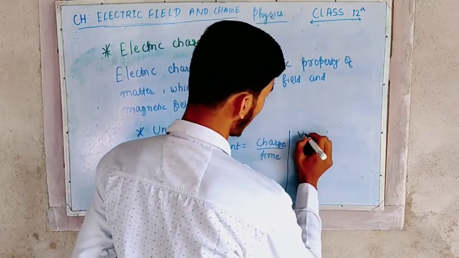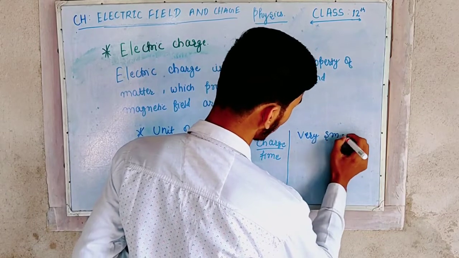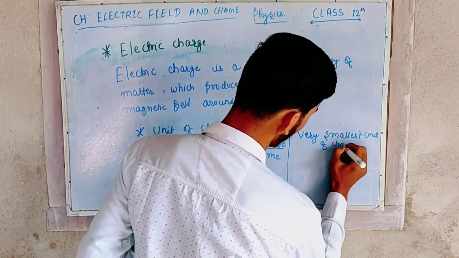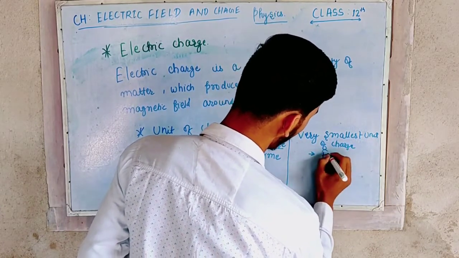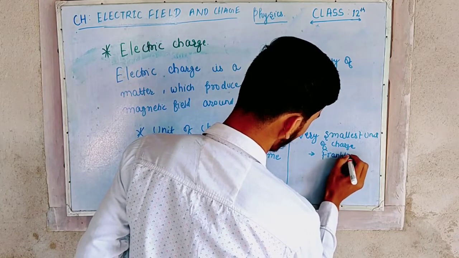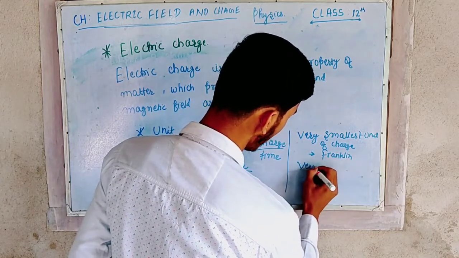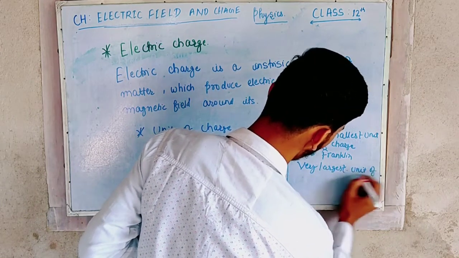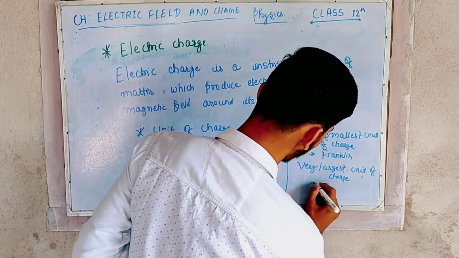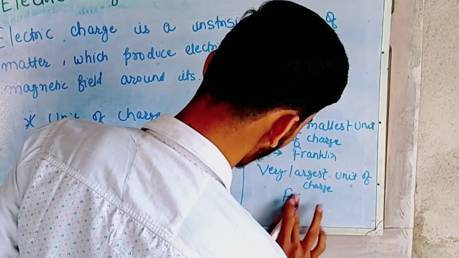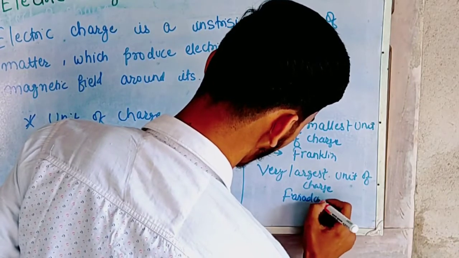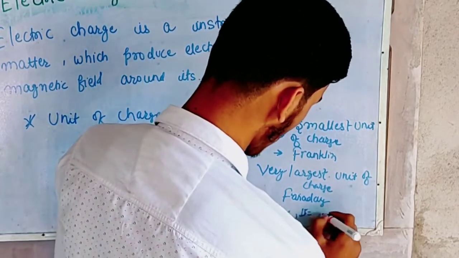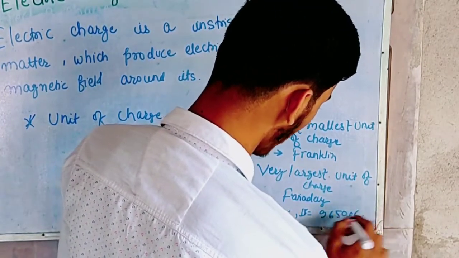The very smallest unit of charge is the Franklin, and the very largest unit of charge is the Faraday, where 1 Faraday is equal to 96500 Coulomb.